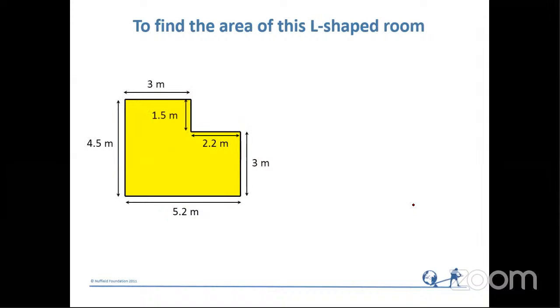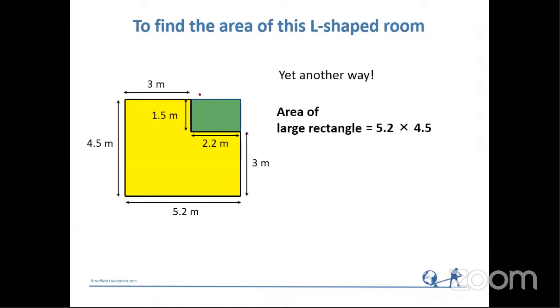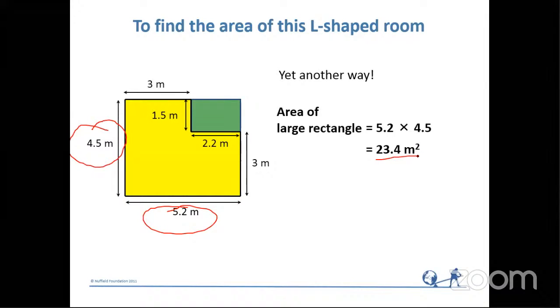Then another way would be when we first make it a complete rectangle. So this means what we add here is 2.2. The area of the large rectangle would be 5.2 times the width, which is 4.5, and that would give us an area of 23.4 meters squared.